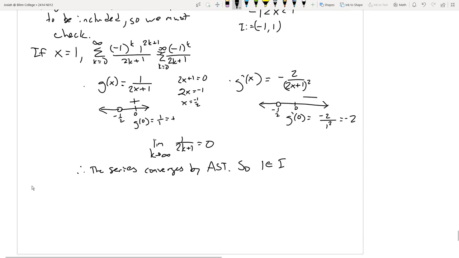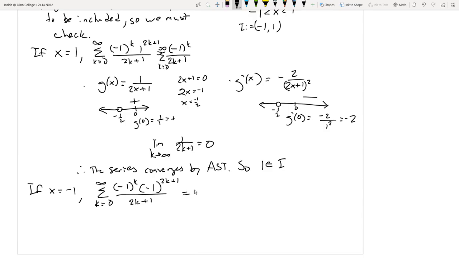Next, we test -1. So we've got k equals 0 to infinity, -1 to the k, and then we have negative 1 to the 2k plus 1. 2k plus 1 for any integer is going to be odd. So this guy will just be equal to negative 1.